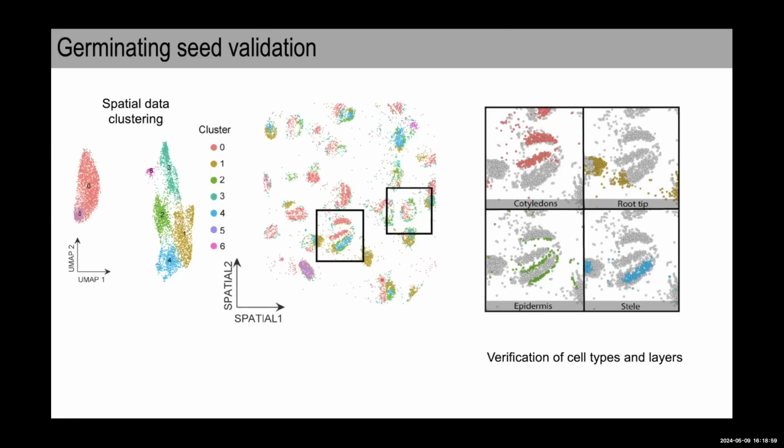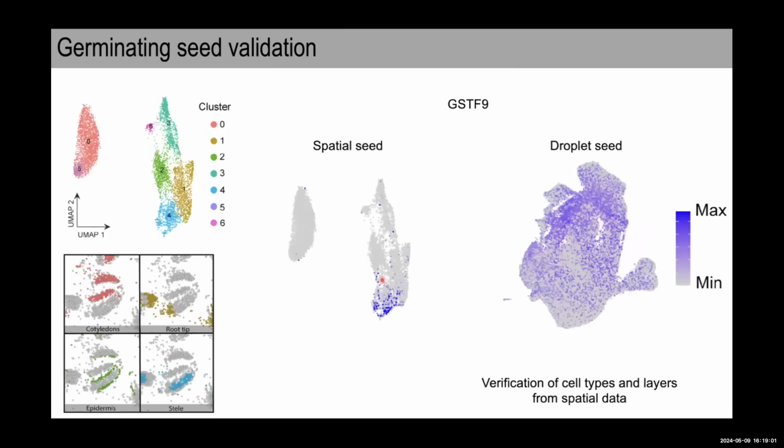So at the RNA level, we can again take individual genes such as GSTF9 that's depicted here, again showing the same cluster colors between the spatial and the UMAP dimensionality reduction. And we see that this particular gene is expressed down here in what appears to be the stele cluster, and it is enriched in specific regions of our droplet-based data set.